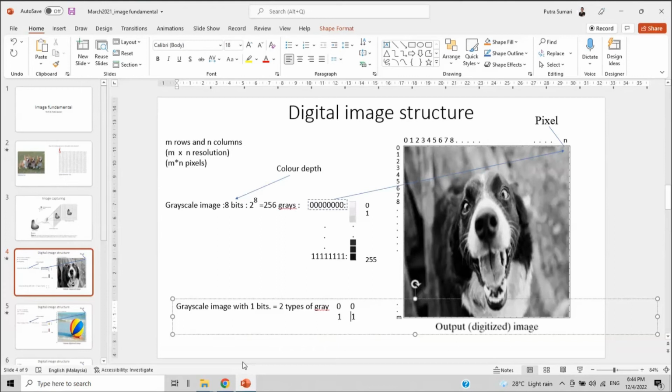We normally use the standard: zero is black, 255 is white. You cannot swap them, because otherwise the picture will be different. We need a standard all around the world, so it is better to standardize zero as black and 255 as white, and everybody accepts it.